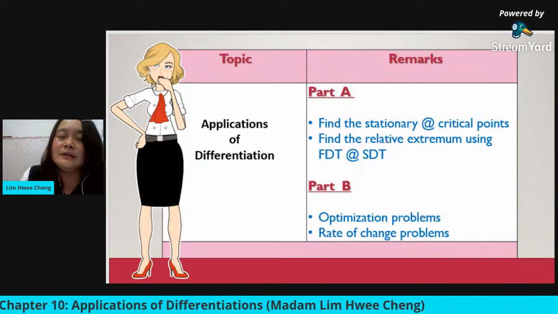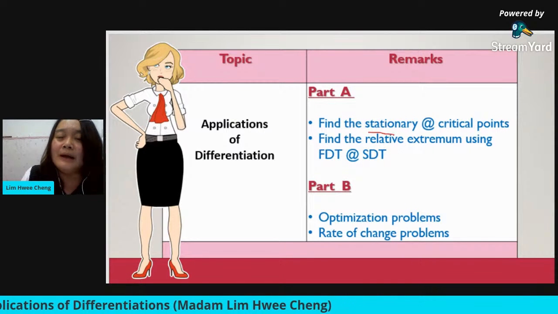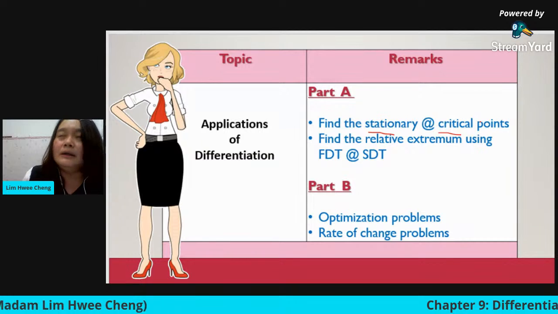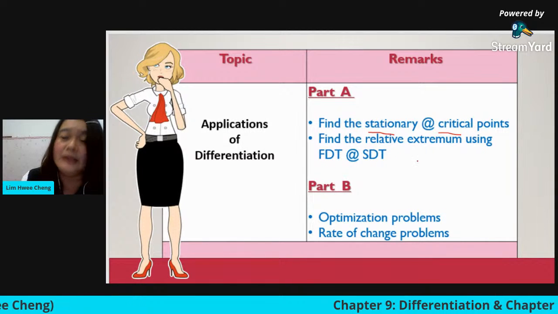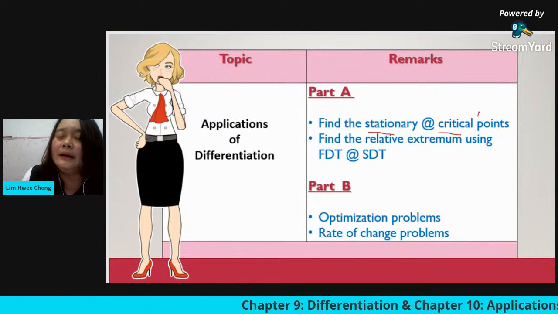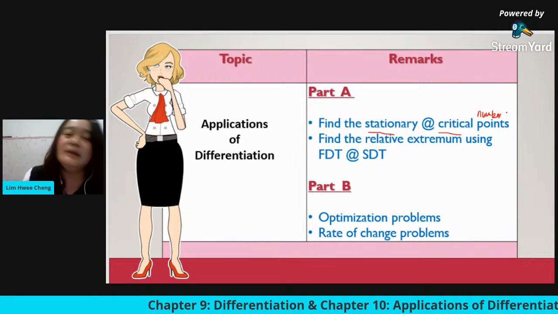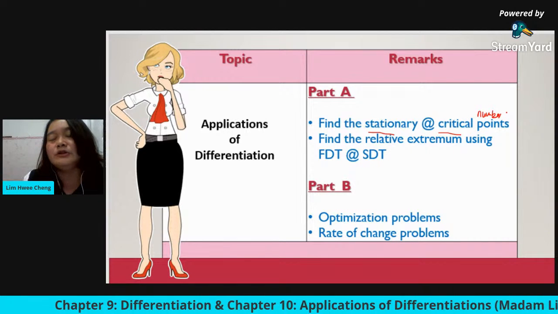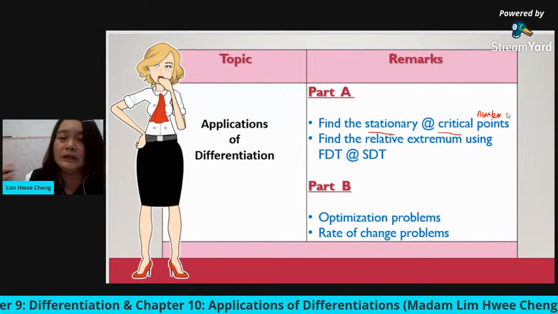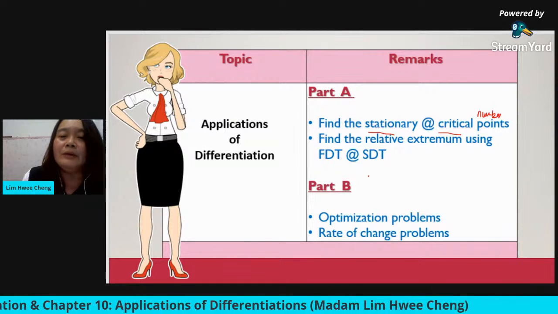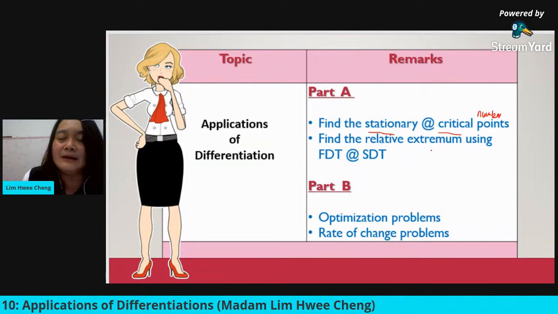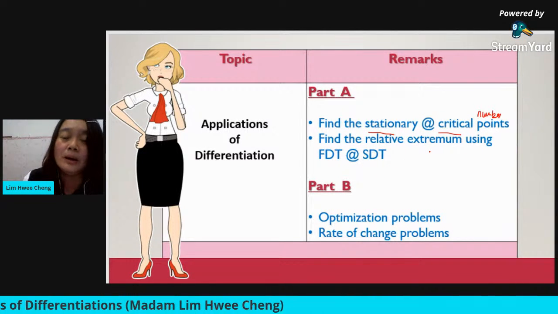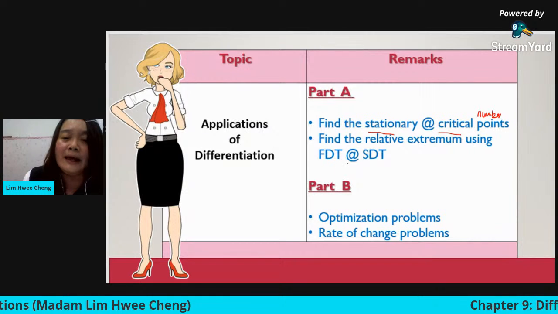First of all, you have to know how to find the stationary or critical points. Or sometimes they will say stationary or critical numbers, so be careful. I hope you can differentiate between critical numbers and critical points. Then we find the relative extremum, whether it's maximum or minimum, using the FDT.